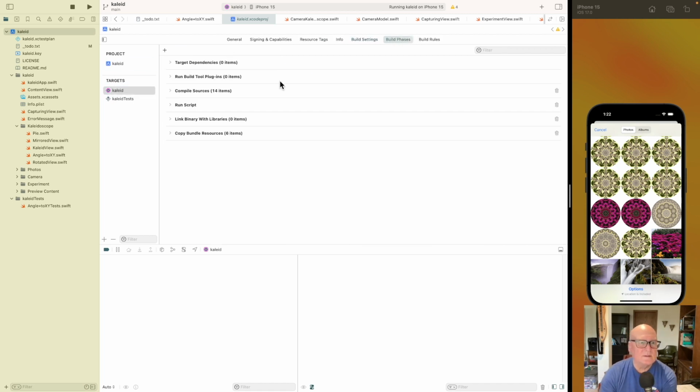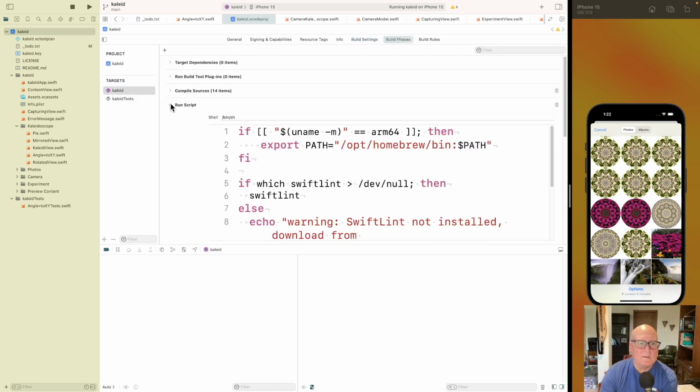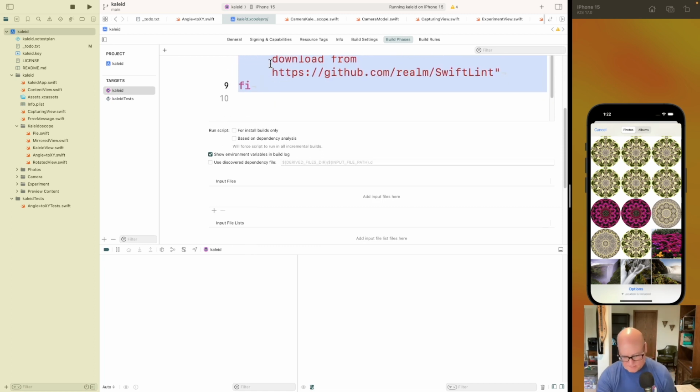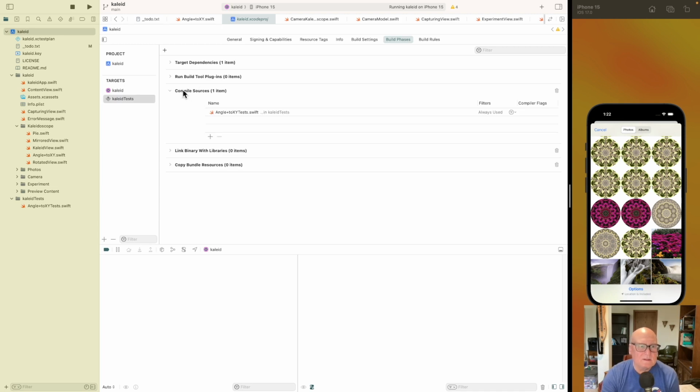Build phases. Oh, run script. Okay. I mean, this script should be run on the, I don't know how it does it. If it's running it only in that folder, let's add a script.